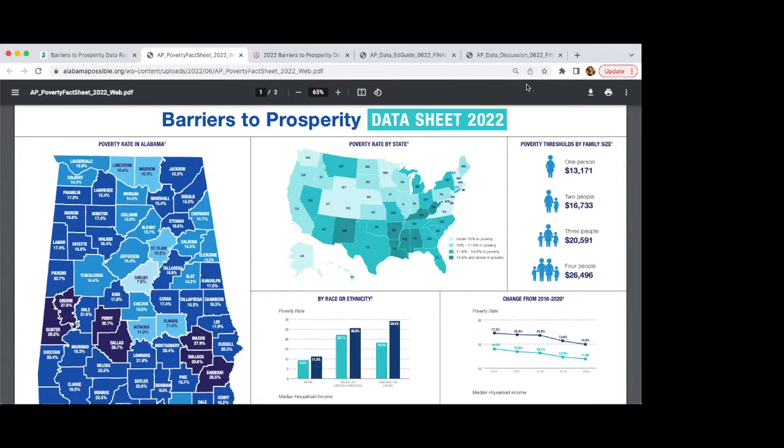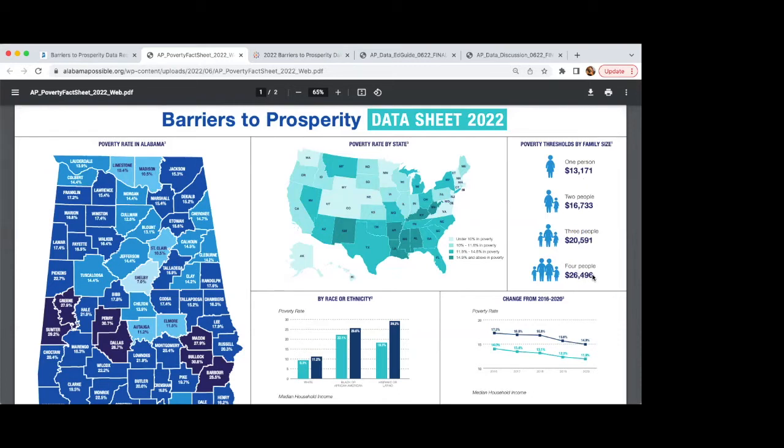And then to give you an idea of how exactly we're measuring poverty, you can review the federal poverty thresholds over on the right. For a single individual, the federal poverty threshold is $13,171.